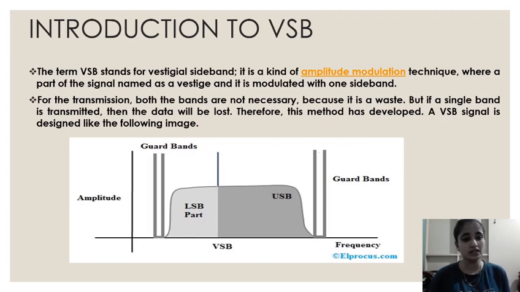A VSB signal is designed like the following image. In this picture, along with the upper sideband, a part of the lower sideband is also transmitted in this technique. On either side of the VSB, guard bands of small width are placed to avoid interference. And this technique is used in television broadcasting.